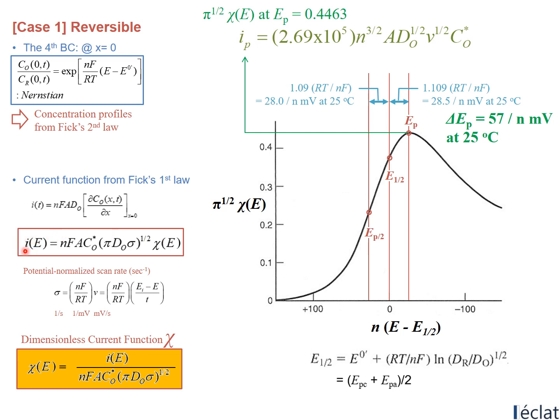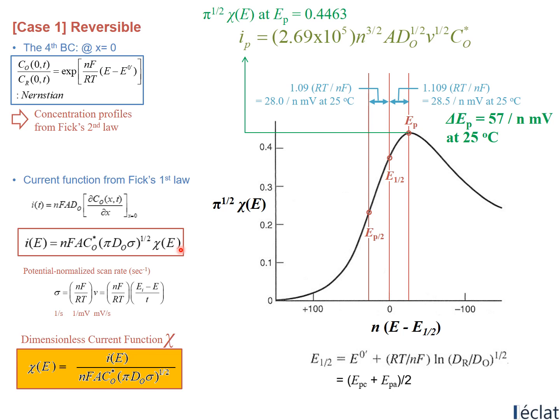This current function is a function of potential, and it can be split into 2 terms. The first term, from here to there, is the potential independent term, and the second term is potential dependent, which is called the chi function.